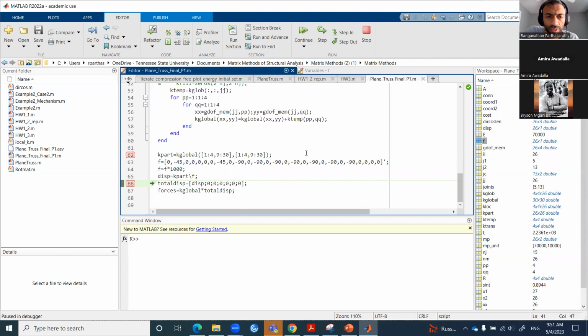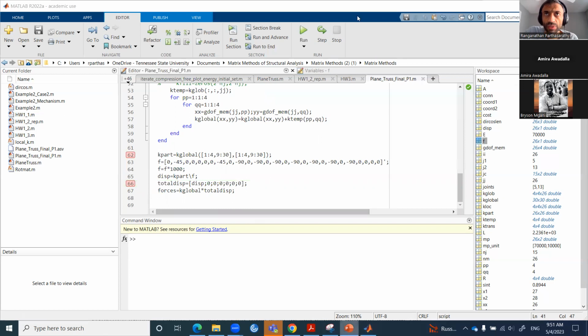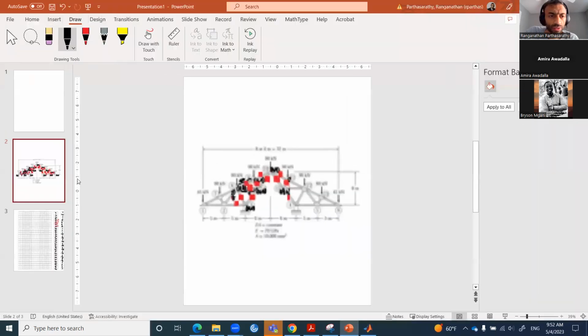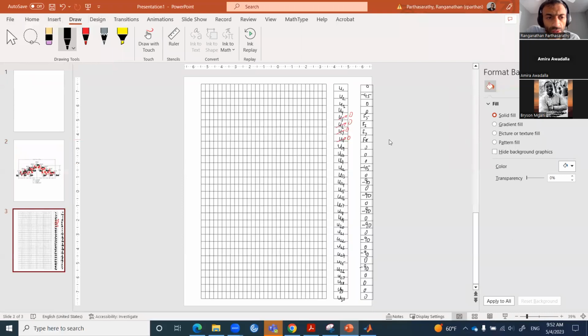Now total displacement is, so which ones were total displacements? Now only these were zero, right? So we need to fit in between number 4 and 5. We need to fit in 4 zeros.